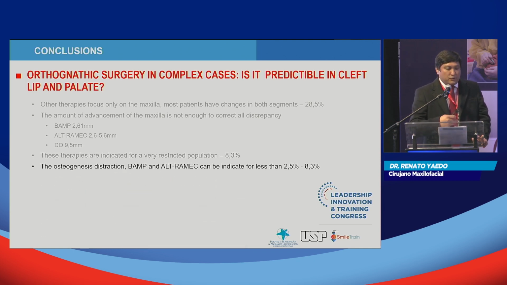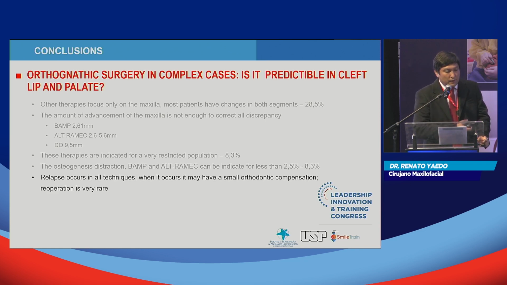The osteogenic distraction, bump and hammock can be indicated for less than 8%. And if you use it when the problem is just in the upper jaw, it decreases to 2 or 3% in our sample. The relapse occurs in all techniques.